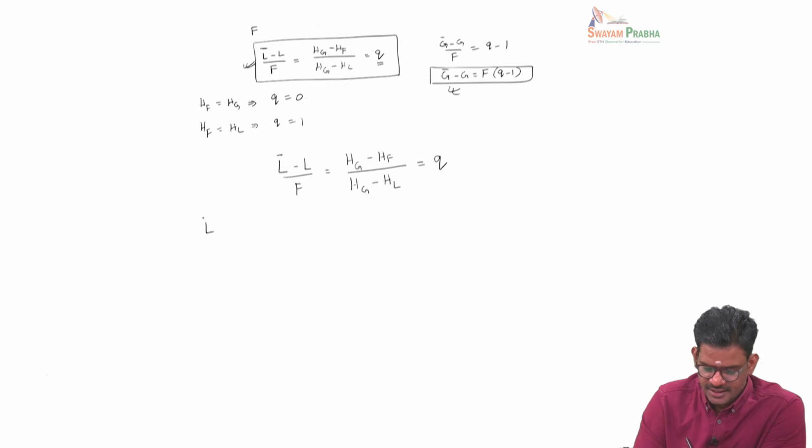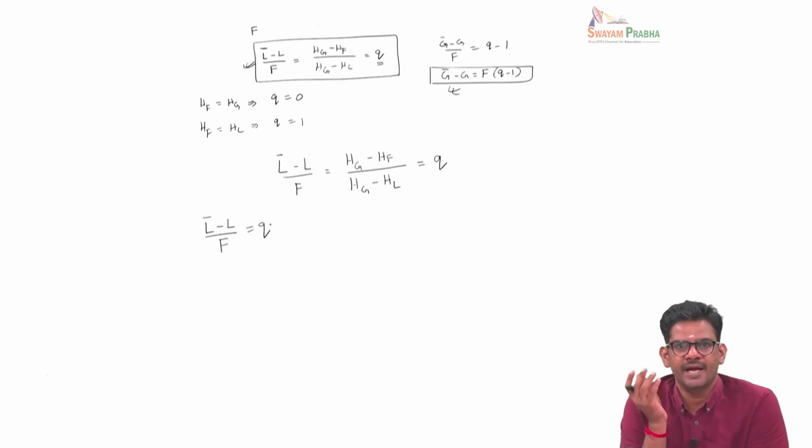This factor (L bar minus L) by F is basically the fraction of liquid present in the feed. So L bar is the liquid flow rate in the exhausting section, and L is the liquid flow rate in the enriching section.